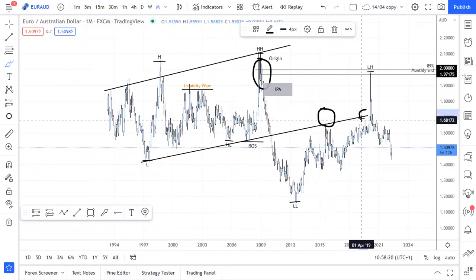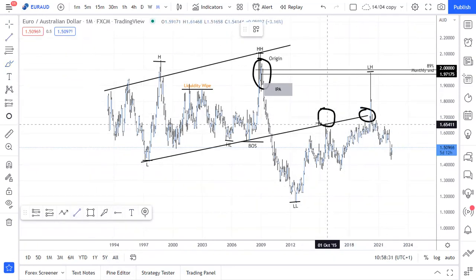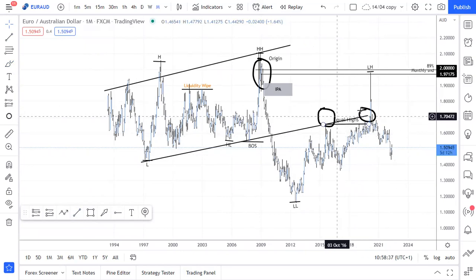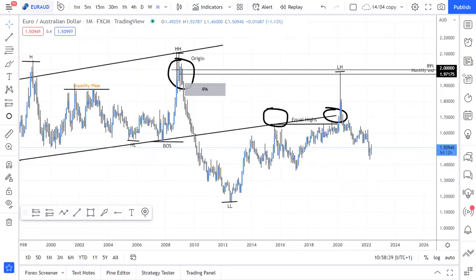And on this test here, we would have had everyone's sells and everyone's stop losses, again, more liquidity. So again, if we mark across here, these would be our equal highs. And then all the liquidity would be sitting above this.